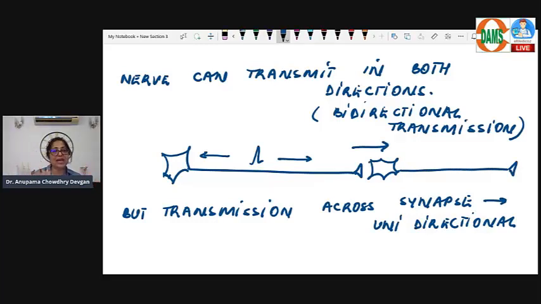It can only go from preganglionic to postganglionic because a neurotransmitter is required. So this is an important point. The action potential which goes towards the cell body will die out. It will not go to the next neuron. Electrical synapses can transmit bidirectionally, but most synapses are chemical. So if the question says transmission across a synapse, your answer should be unidirectional. Transmission in a nerve fiber can theoretically be bidirectional. All right.